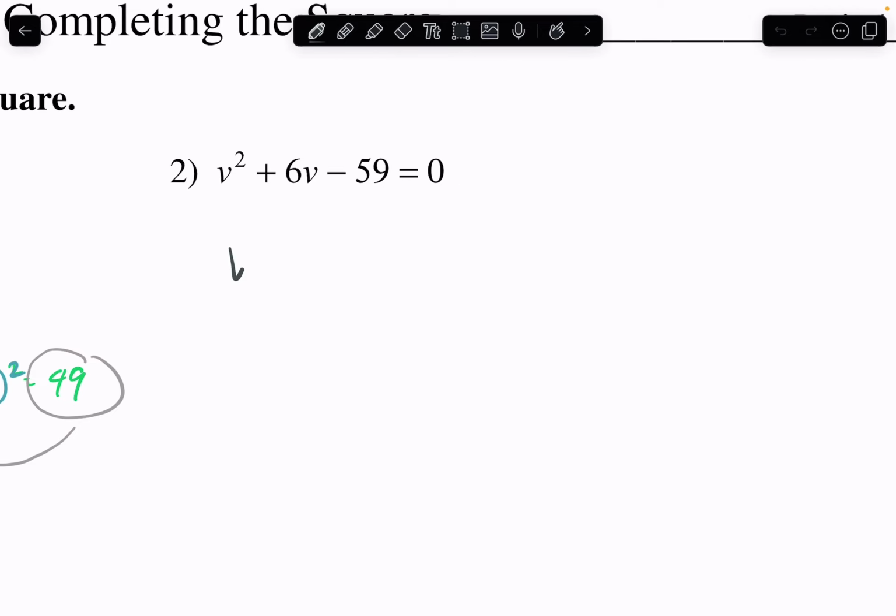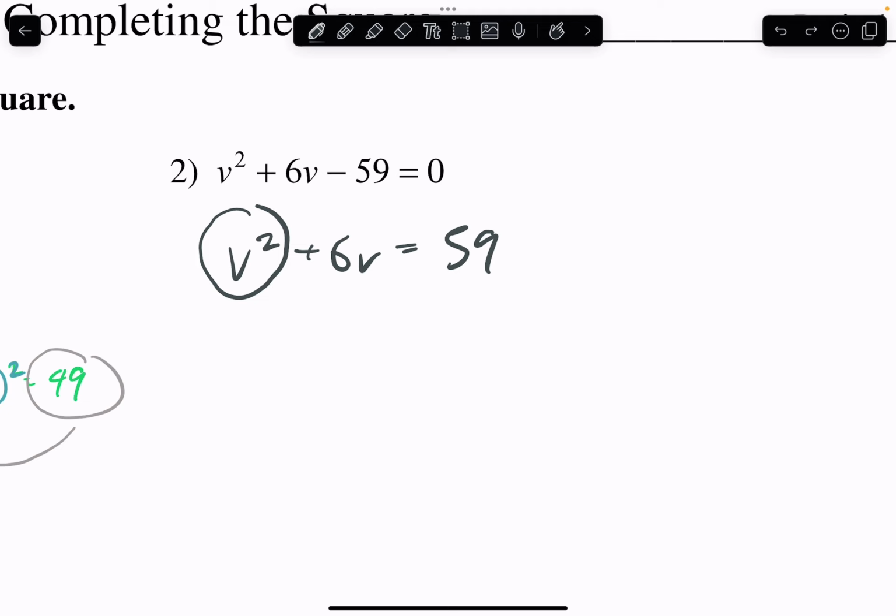So we transpose the constant to the right side, just like that, and then what's next? The coefficient of the term with the highest exponent, we divide everything by its coefficient.